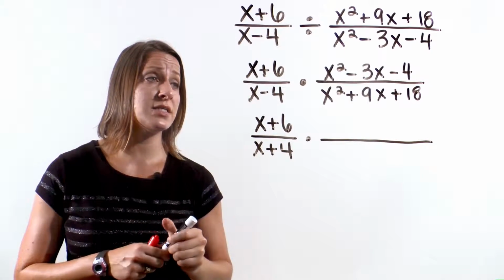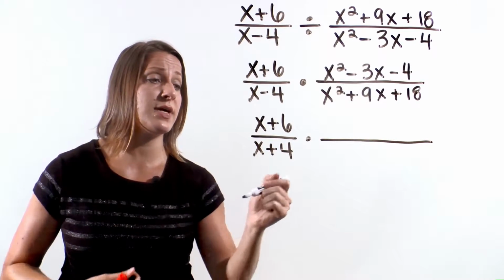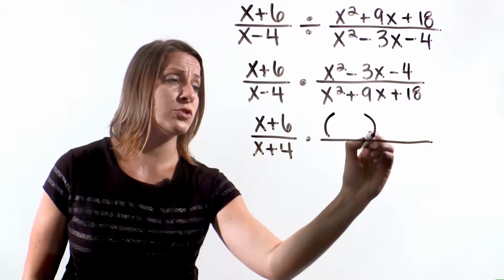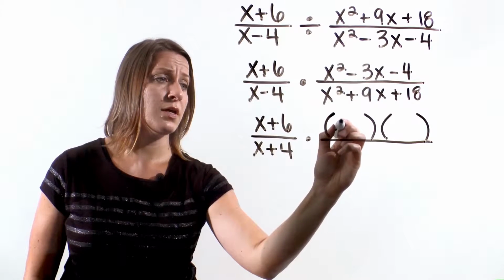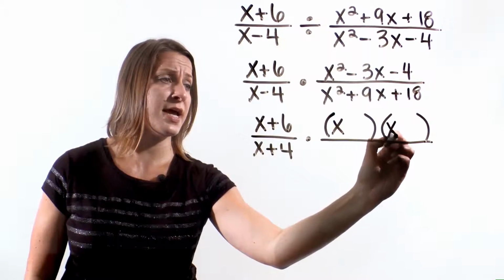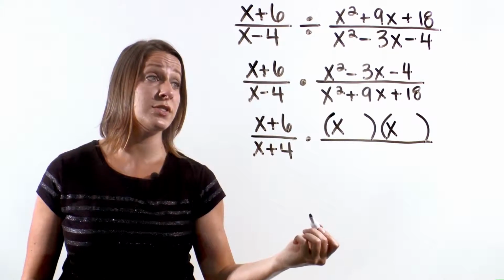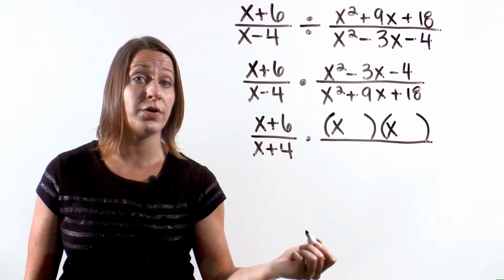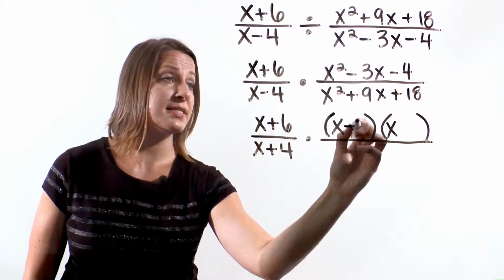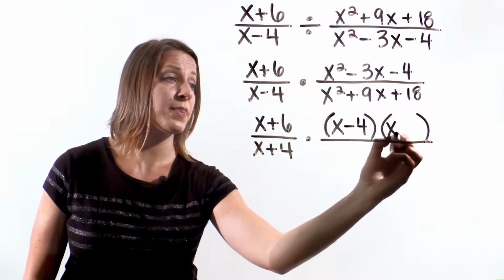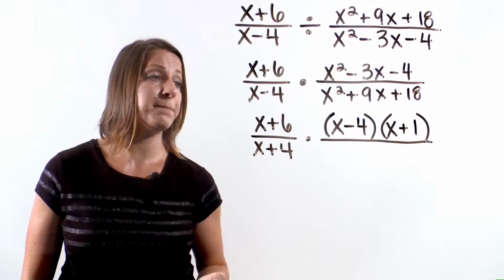So take a look at x squared minus 3x minus 4. We'll draw two sets of parentheses and write down x and x. Now we need two numbers that multiply to negative 4 but add to negative 3, and that's going to be a negative 4 and a positive 1.